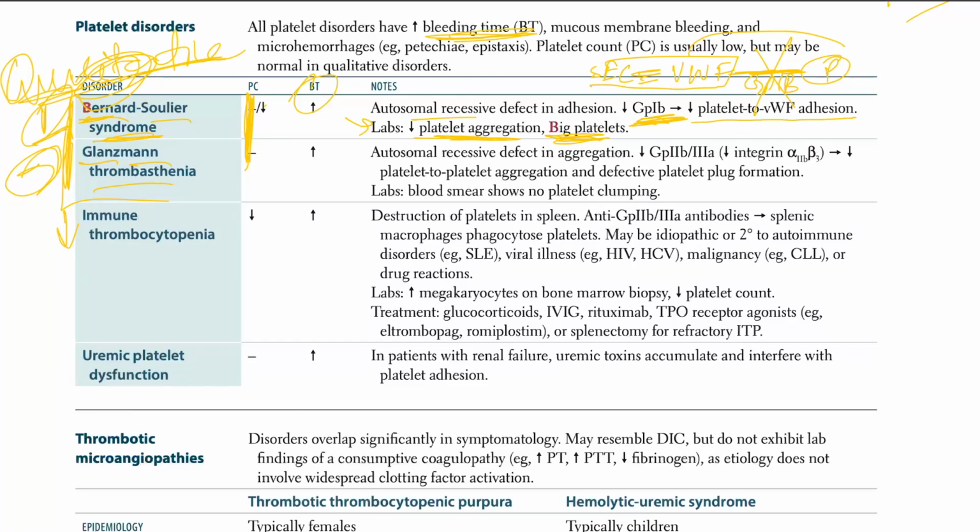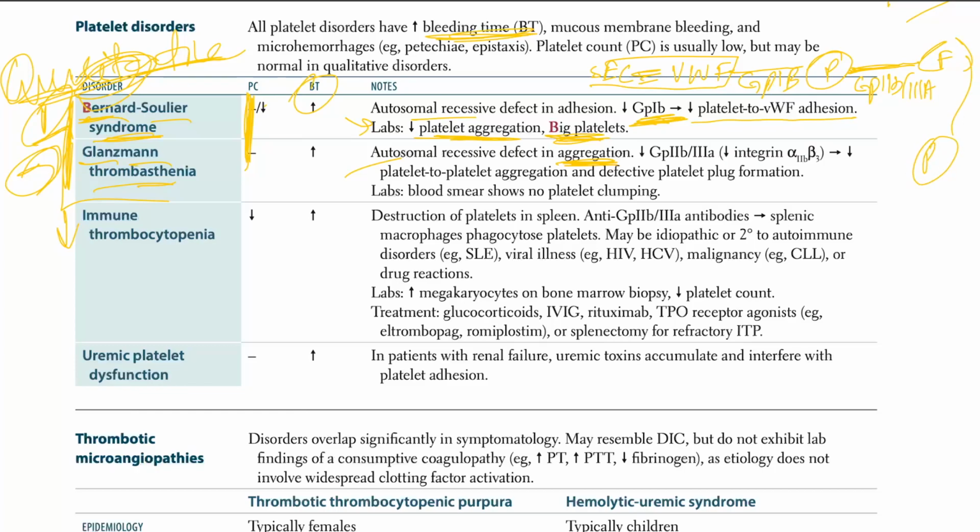Second thing, we have Glanzmann thrombasthenia. Here we have autosomal recessive defect in aggregation. Next, let's go back to normal. What did we have? This was the platelet, GP1B binds to that, and from platelet, once it gets activated, there's GP2B3A that binds to fibrinogen, and then the next platelet binds, right?